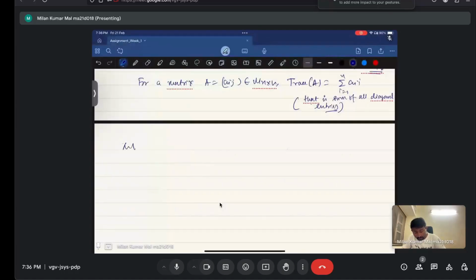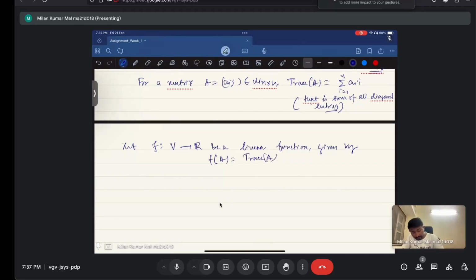Let f from V to R be a linear functional given by f of A equals trace of A.